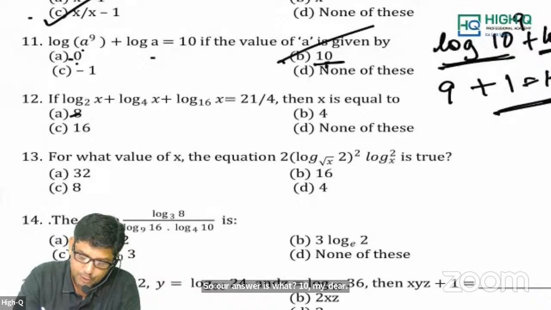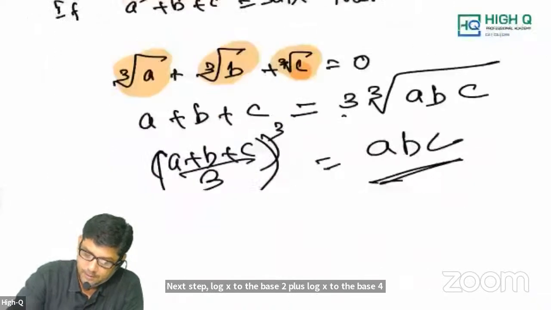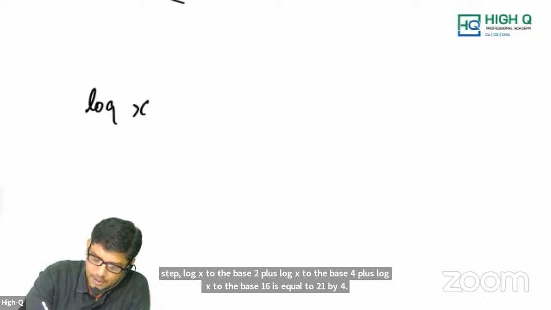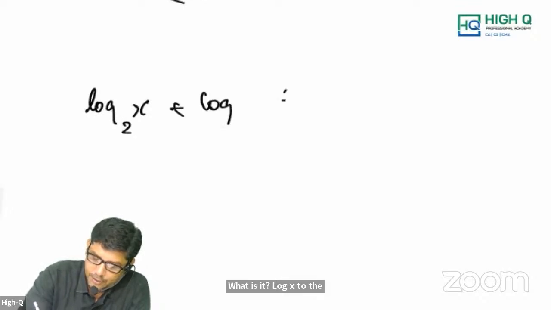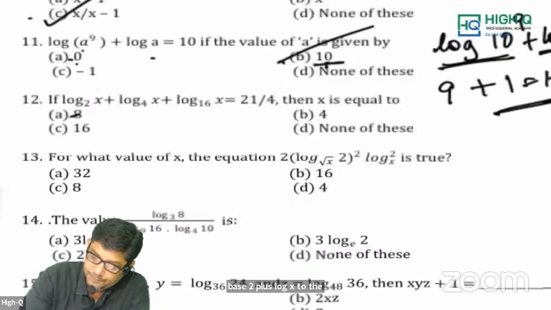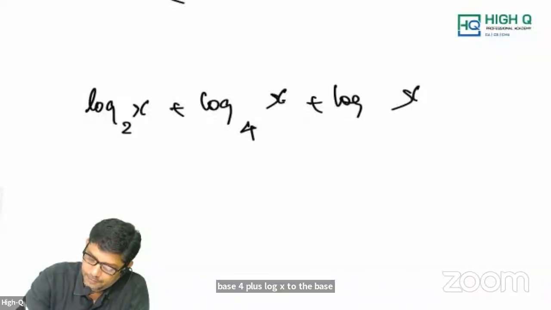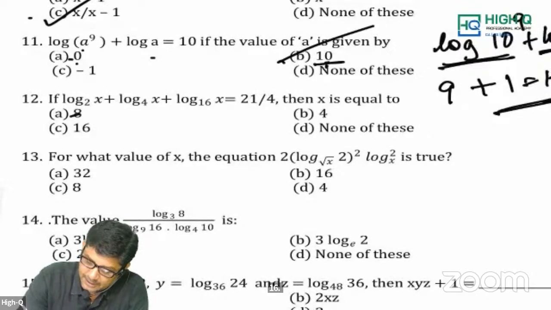Log x to the base 2 plus log x to the base 4 plus log x to the base 16 is equal to 21 by 4. This is famous.